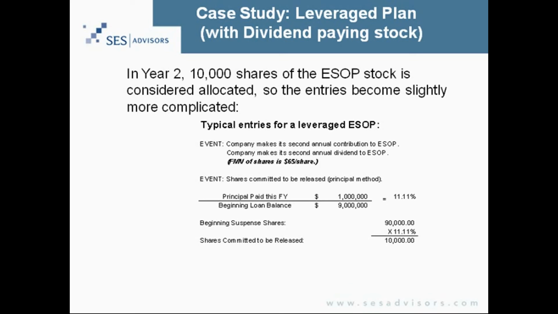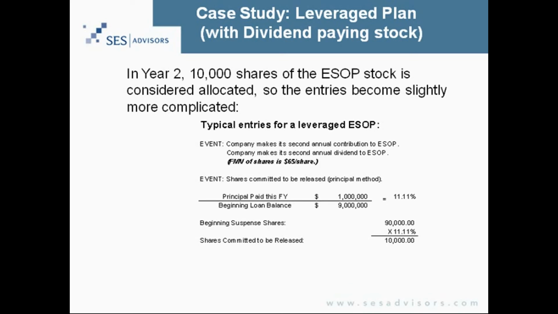If you're working with a mortgage-style loan where we're making annual contributions of X dollars and the principal and interest mix is changing each year, you'll get quite a different share release schedule. Because on the principal method, we're only looking at the principal paid in the transaction. So with a mortgage-style note, the principal is very small in year one and large in year 10. So you want to be careful with the structure, both from a tax deduction standpoint and a benefits planning standpoint. You want to know how shares are going to be released under this structure.